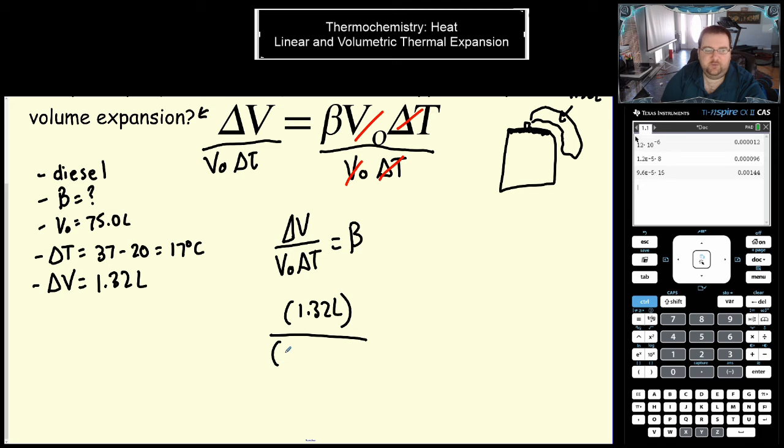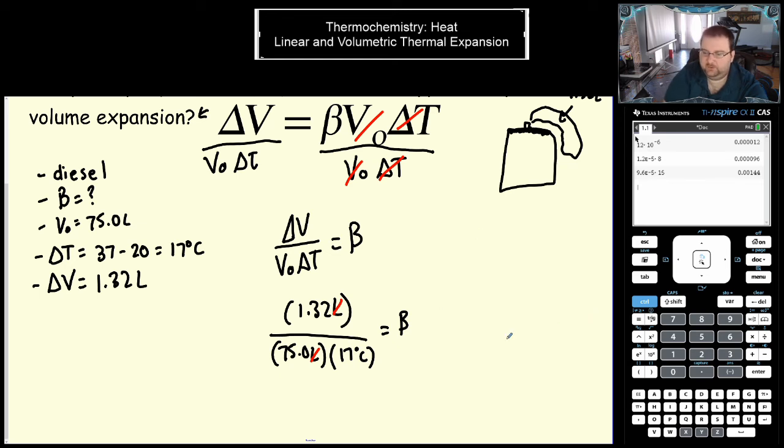Our initial volume was 75.0 liters, and our change in temperature was 17 degrees Celsius. And when you do that calculation, you will end up with your final answer. In terms of units, these liters are going to cancel out, and you're just going to be left with Celsius on the bottom.